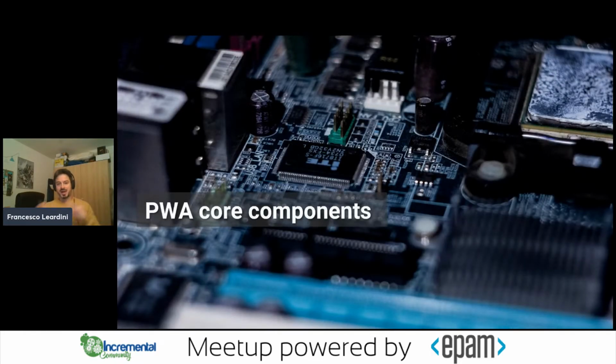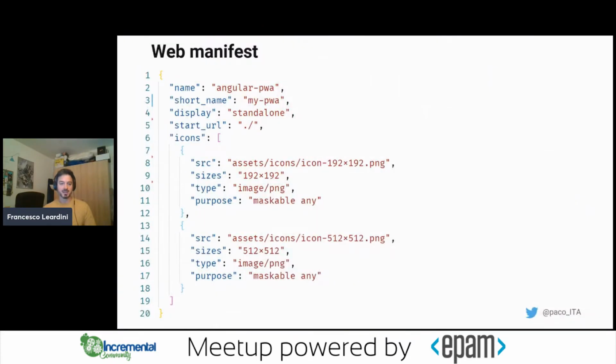That's it. So having started by describing progressive web apps from a very generic level, let's go deeper into the technical aspects and describe the core components that make progressive web apps so special. The first one is the web manifest. Web manifest is just a JSON file that defines how our progressive web app should be rendered once installed on the user's device.